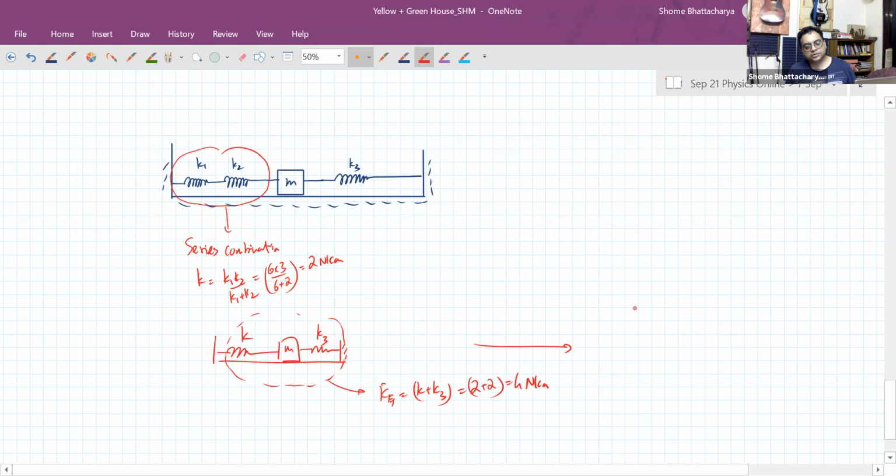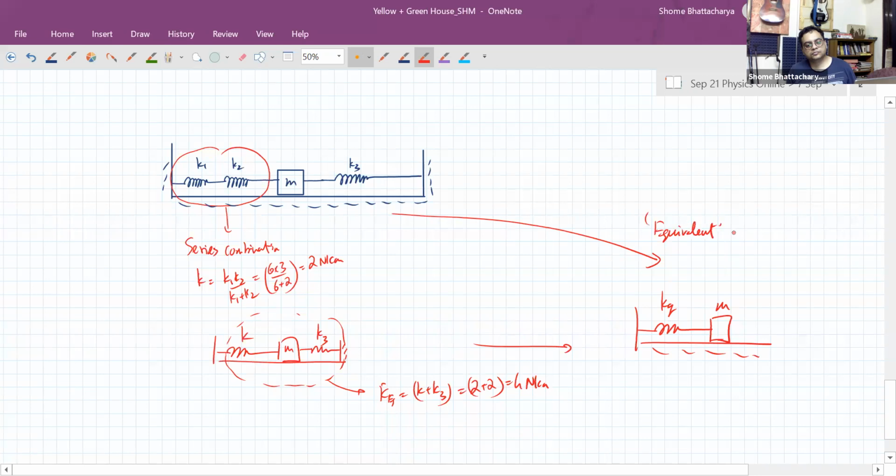So this can further be reduced to, we can keep the equivalent spring on either side. So this system is equivalent to this.